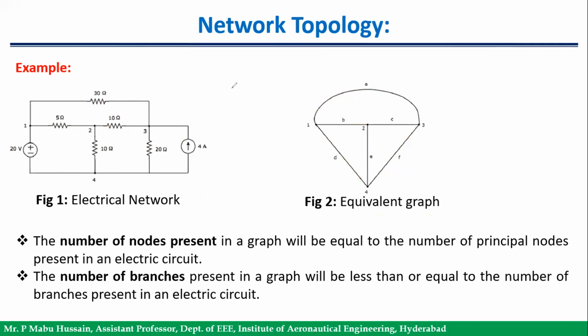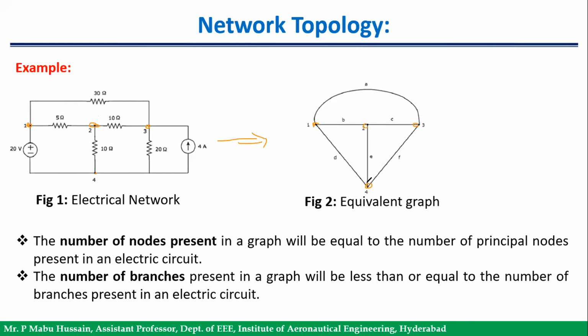So here we are discussing the network topology. In the network topology, simply, an electrical network will be replaced by an equivalent graph. Okay, right? While converting an electrical network into an equivalent graph, all the nodes are represented with the vertices of your graph: 1, 2, 3, and 4.